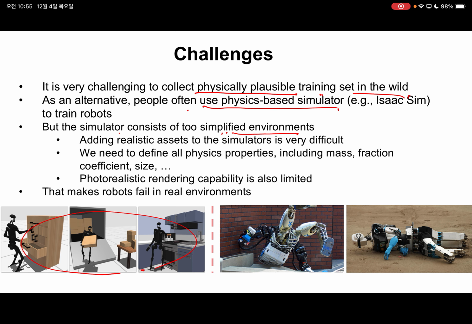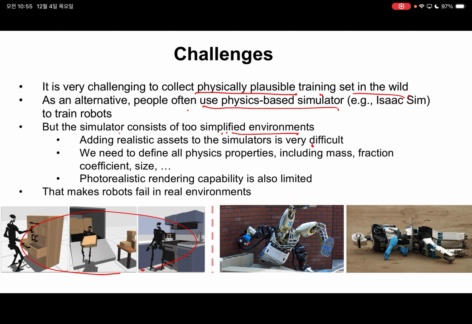I need to add all these physical properties to the simulator. But measuring such physical properties is also very challenging, and it is not scalable. We always need to fully measure all these physical properties and then add them to the simulator. That is not scalable, so adding realistic assets to simulation is very difficult.